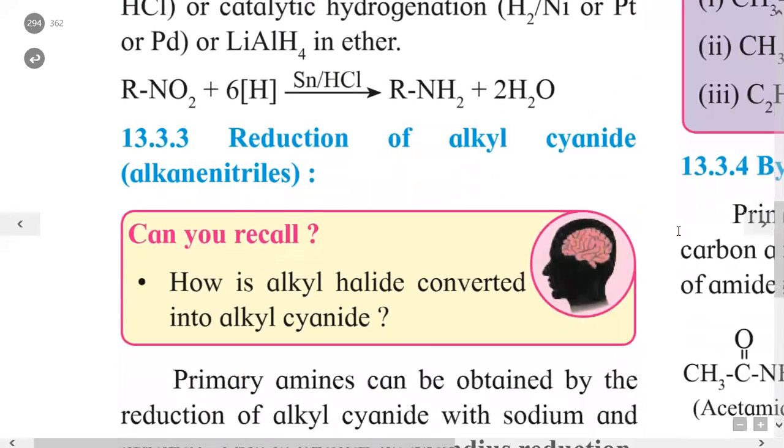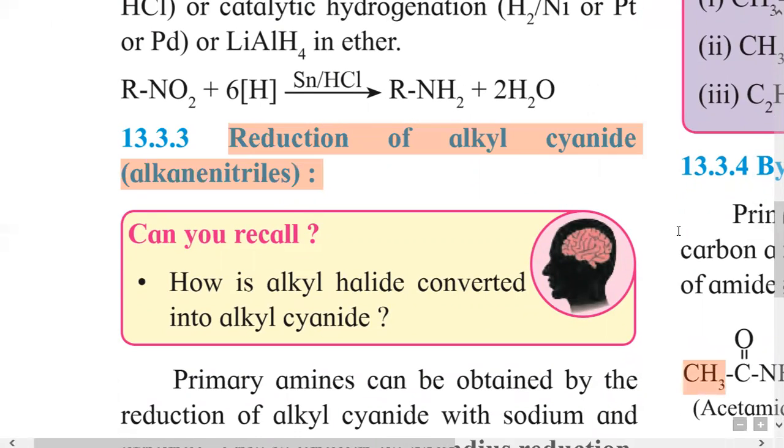nitro compounds. Method number 3 for the preparation of amines is reduction of alkyl cyanide. We know alkyl cyanides are also called alkane nitriles.